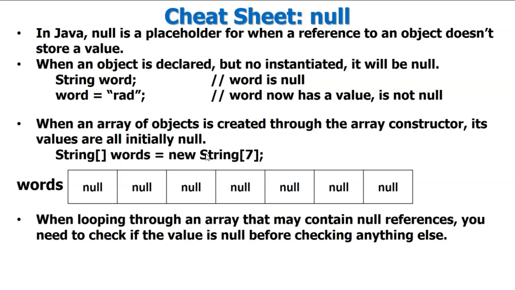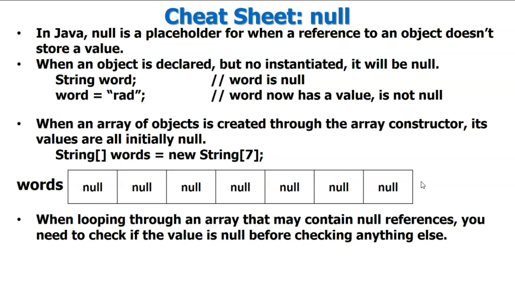But when I use this new constructor, and I need timeout. No, I lied, I don't need parentheses there. So anyways, when I create this, its values are initially null. I'm going to have an array object ready to store strings, but there's nothing in those.